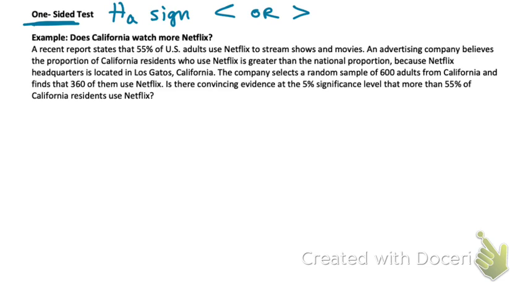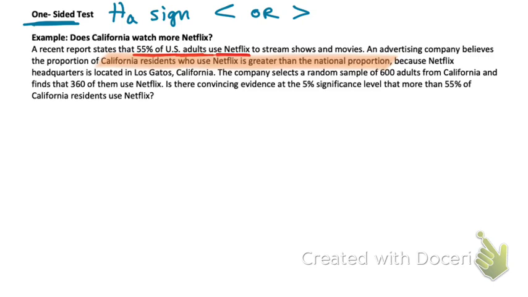All right, California. A recent report states that 55% of U.S. adults use Netflix to stream shows or movies. An advertising company believes the proportion of California residents who use Netflix is greater than the national proportion because Netflix headquarters is located in Los Gatos, California.